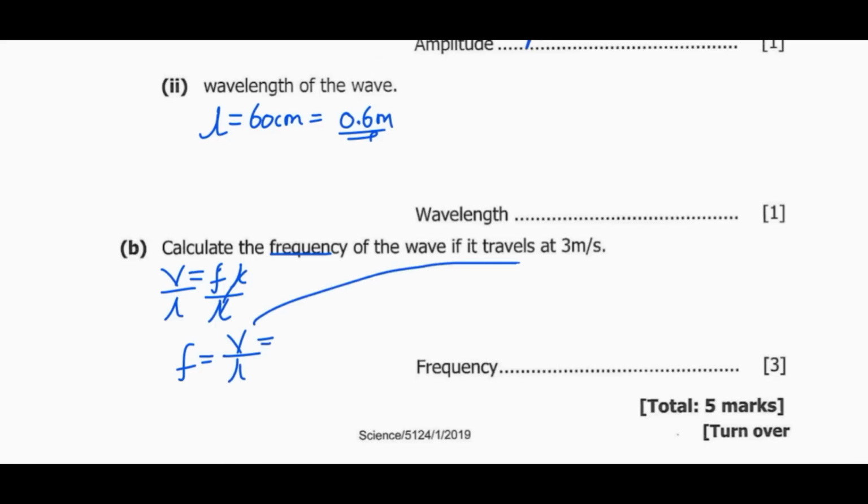So velocity is given, this speed, 3 meters per second. Then wavelength, we've calculated this number, so over 0.6. So 3 divided by 0.6, you get 5. So we have 5 Hz.